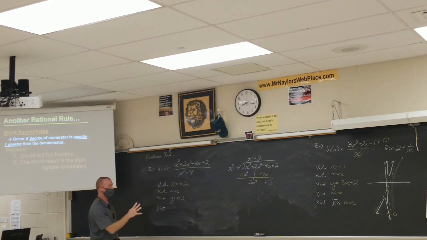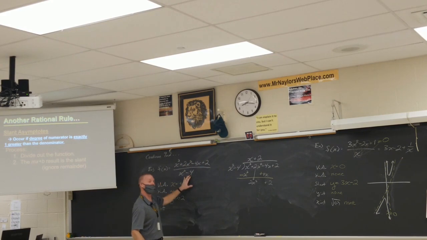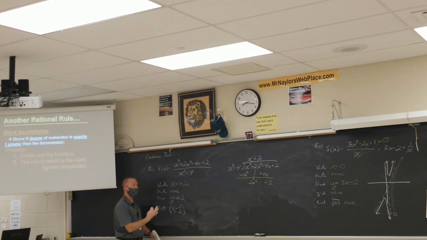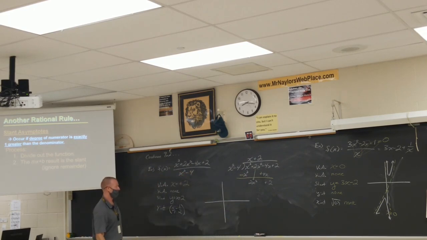This is where I hope that the new stuff doesn't get in the way of the old ideas. Plug a 0 into the equation, you get 2 over negative 4. 2 over negative 4, of course, is negative 1/2. Most of the time, we just do that mentally, I suppose, by just looking at the equation.